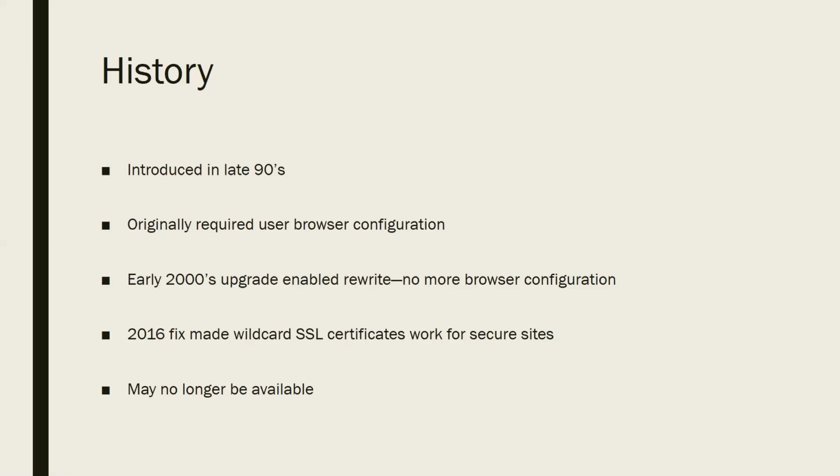That got really, really complicated when Oxford introduced a different host name for every single one of its many, many resources. It became impossible, and so Innovative was able to make a change to WAM that made a wildcard SSL certificate work for those secure sites. That saved WAM for us. We were able to continue using it when they did that.